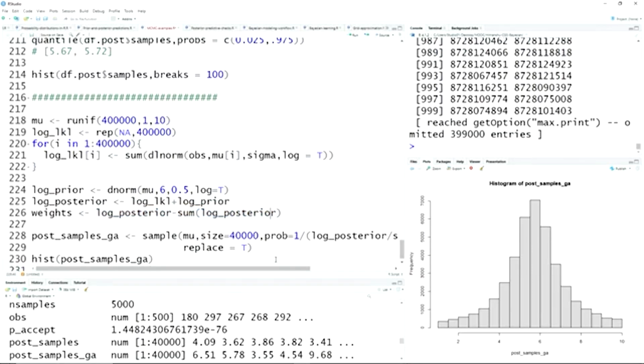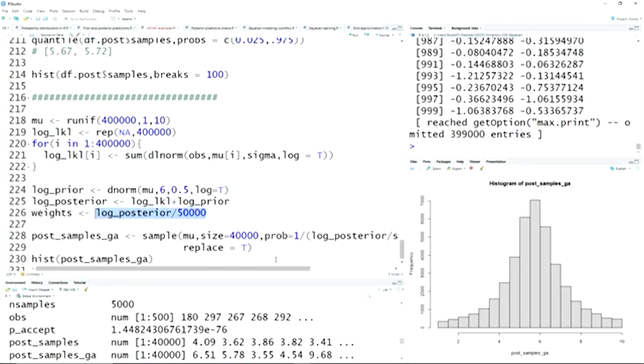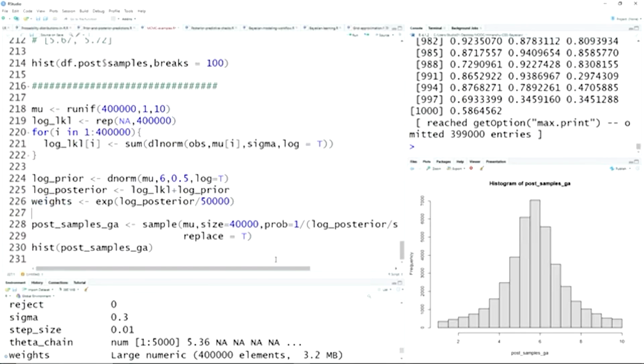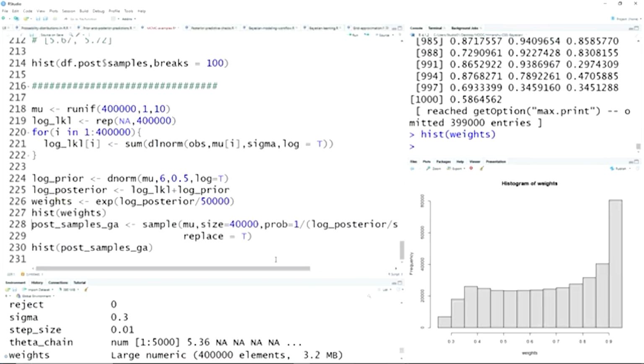No, it doesn't work. So they are on a particular scale, right? So what if I divide them by 50,000? Okay, and now take the exponent of all these. So let me just draw a histogram of these weights. Okay, so this seems to be working fine.